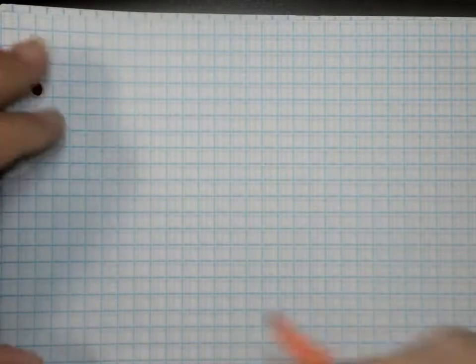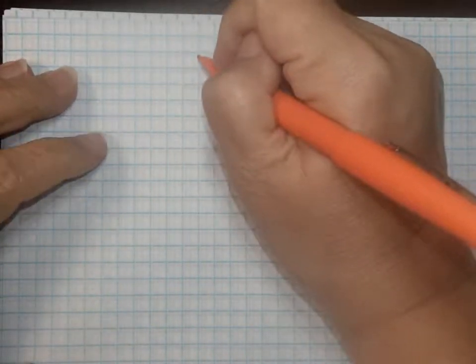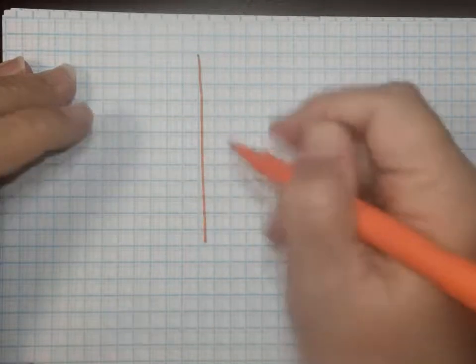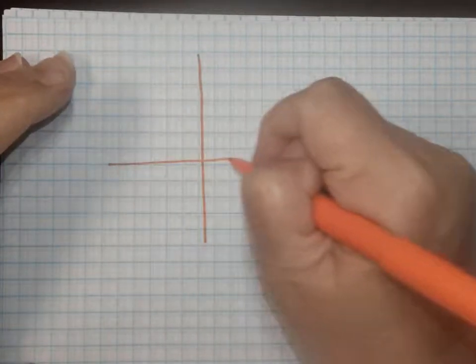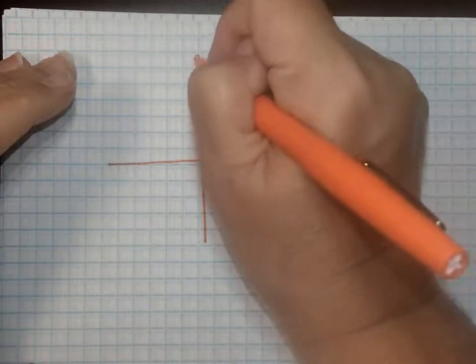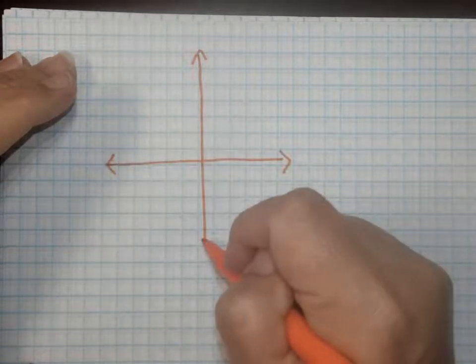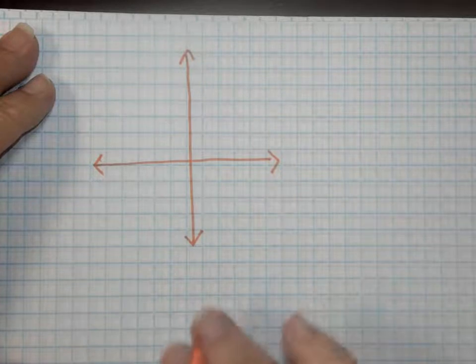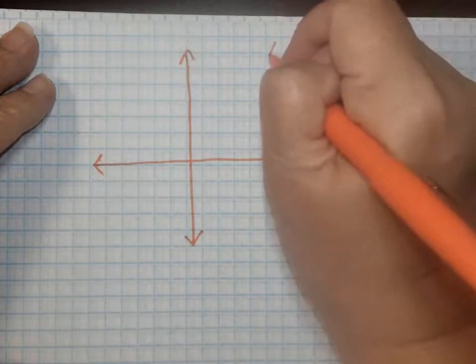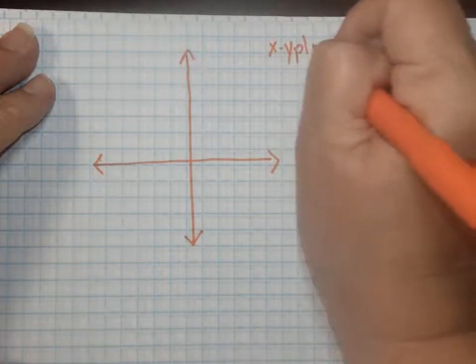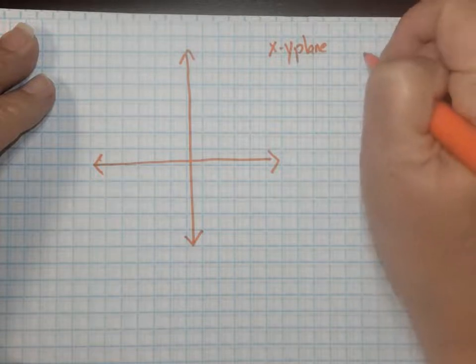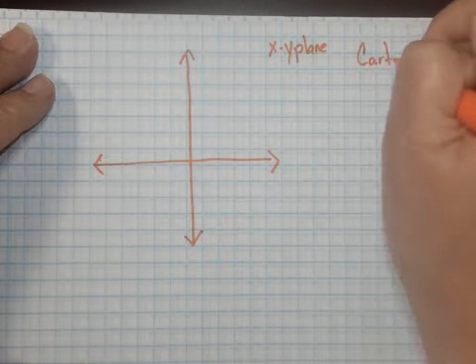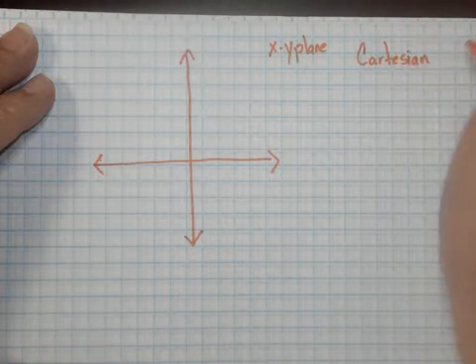All right, so let us remind ourselves just what it even means when we graph the way we've been graphing for years and years and years. Okay? So when you have graphed on an XY plane, we call this the Cartesian coordinate plane.